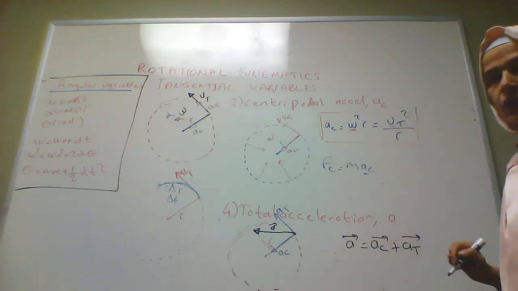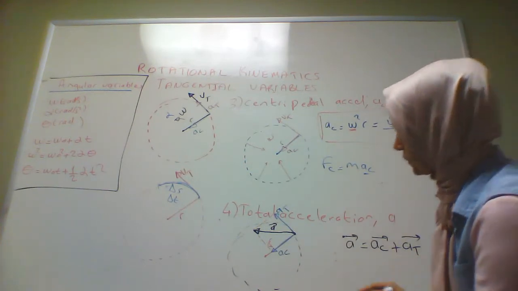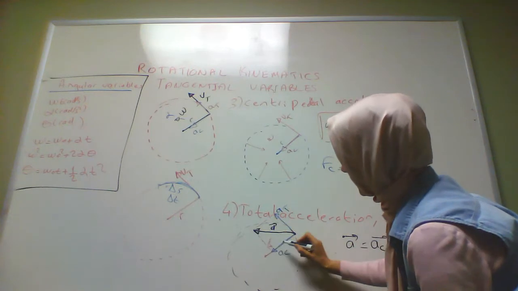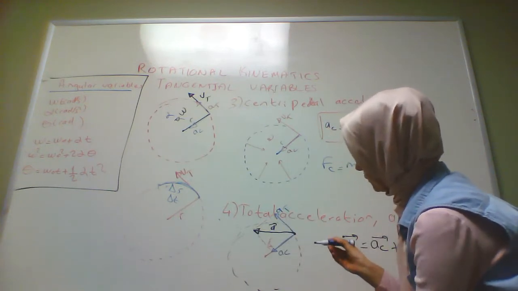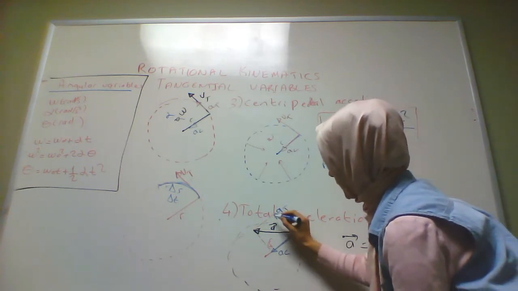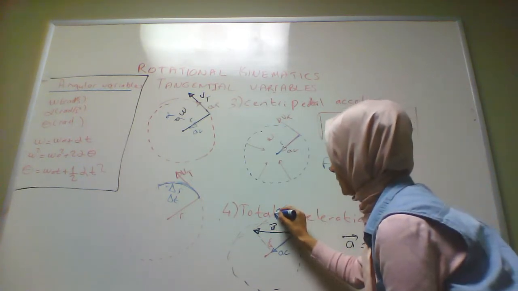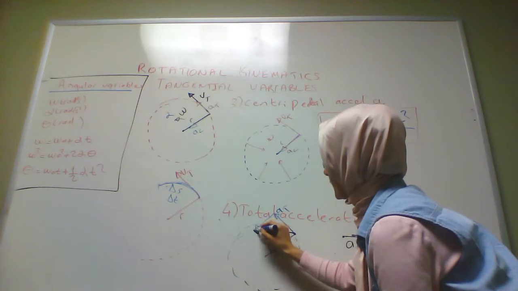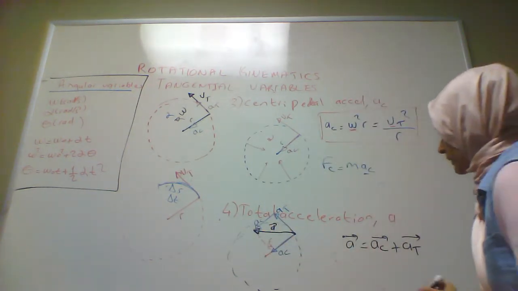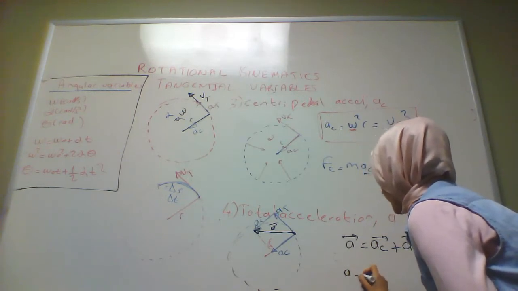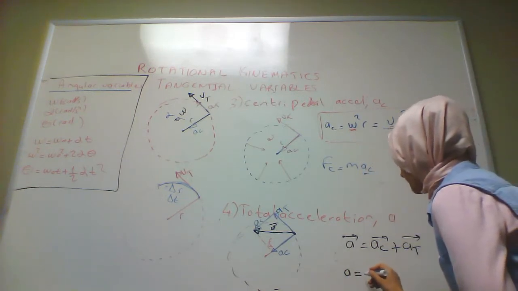To find the value of this acceleration, we have a rectangle here. If we use the head to tail method, AT will be carried to the top here, and AC will be here. To find the total, we can use the Pythagorean theorem. Now I'm moving into the magnitudes.